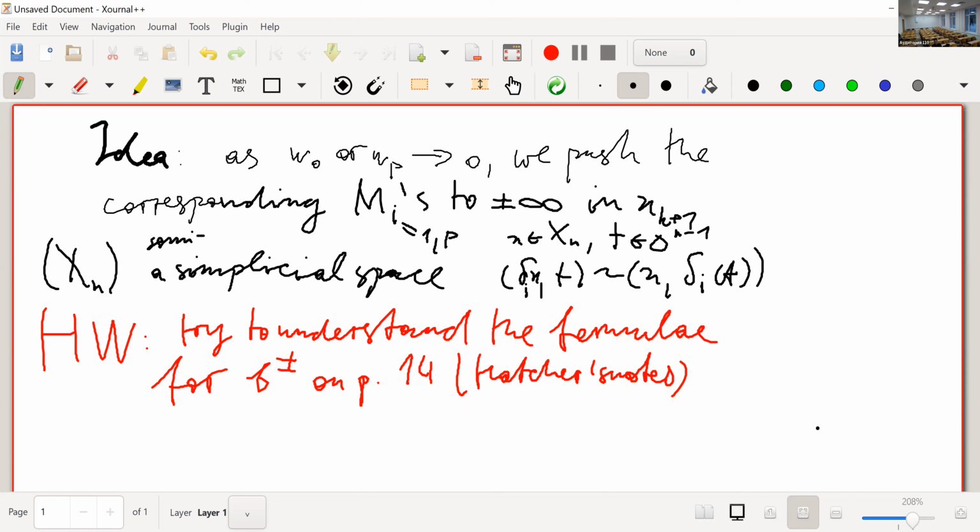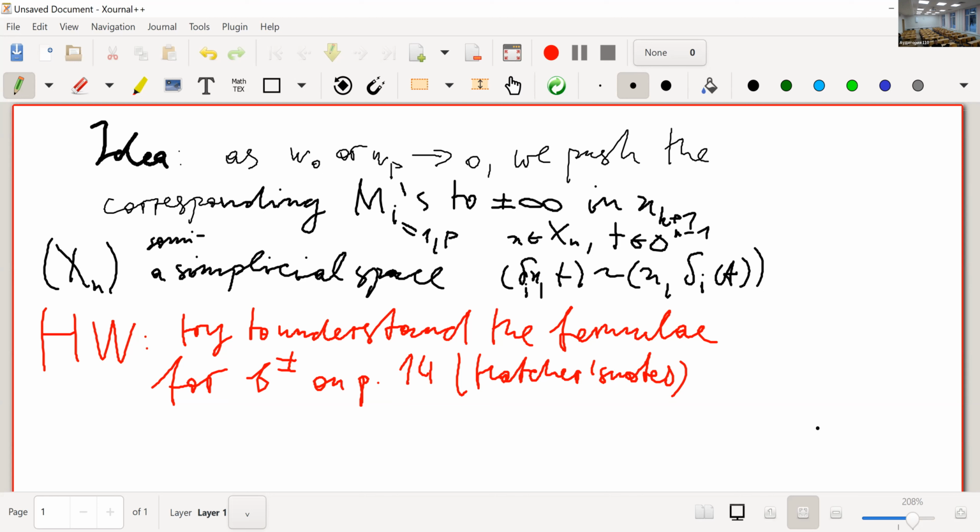Well, suppose we have the first 3 W's that go to 0 simultaneously. Well, we push M1, M2, M3 to minus infinity, and so on.